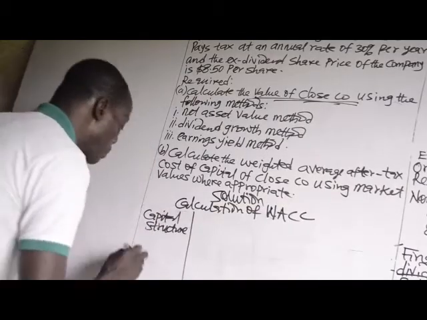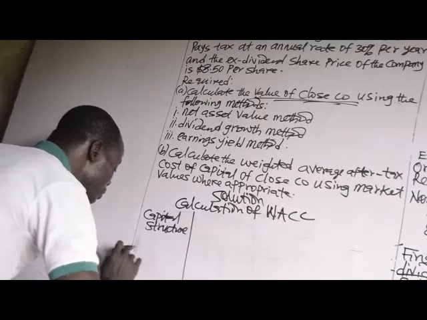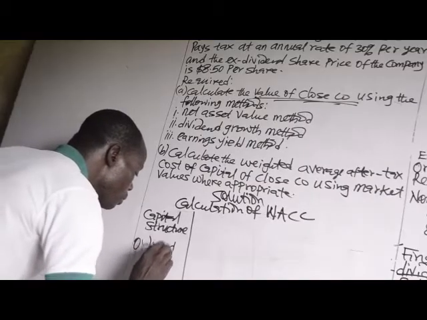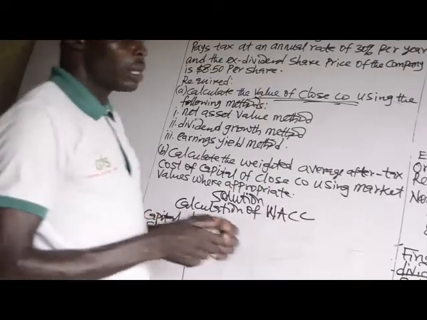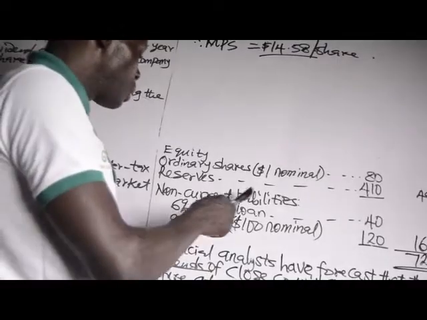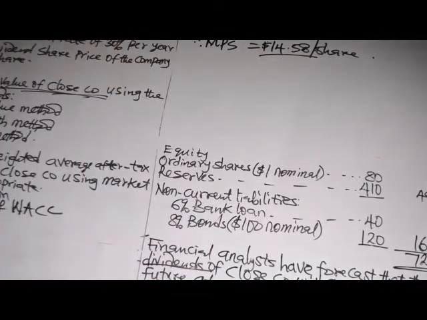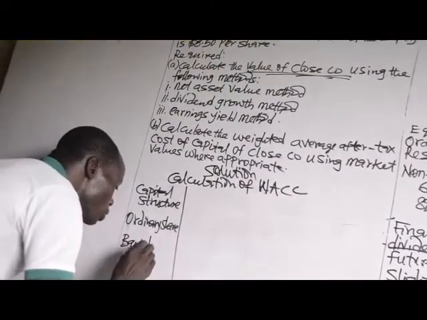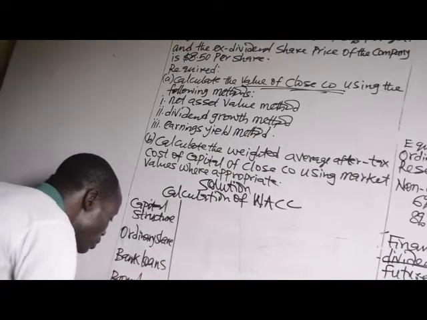Capital structure comprises equity or ordinary shares, and the debt. The debt comprises 6% bank loans and 8% bonds. We have bank loans and bonds.